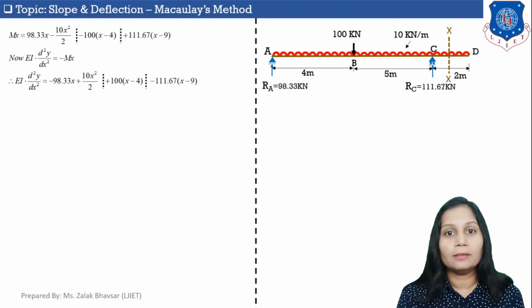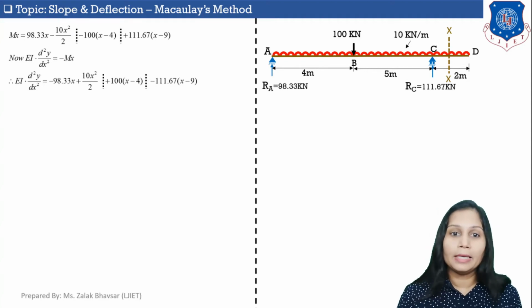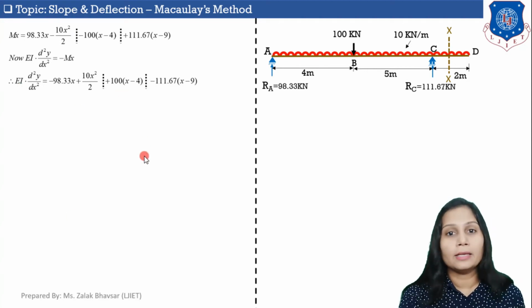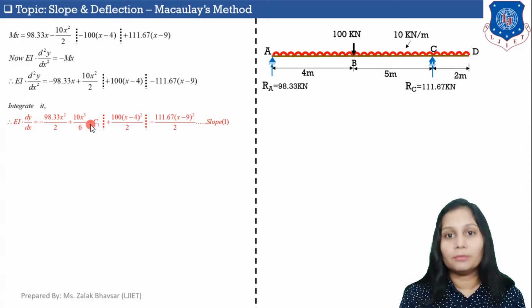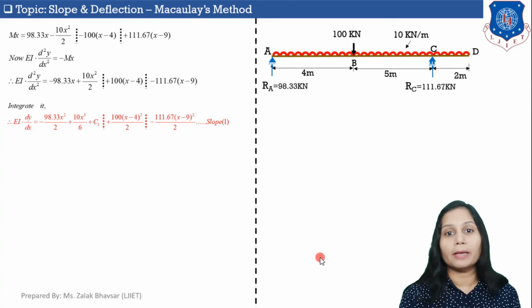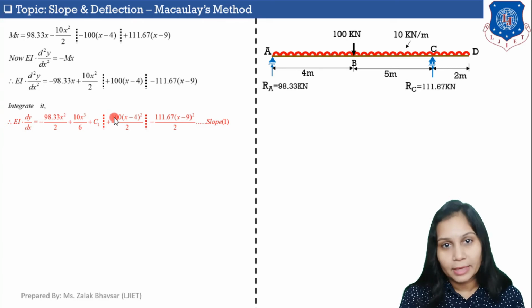In step number 3, we will perform double integration of this differential equation. If we integrate this differential equation, then we will get equation as EI dy upon dx is equal to minus 98.33 times integration of x, which is x square by 2, plus 10 times integration of x square, which will be x cube by 3, and multiplying 3 with 2, so value 6, plus C1, which is integration constant, and as per Macaulay's assumption, I am putting this integration constant in first part of continuous equation.